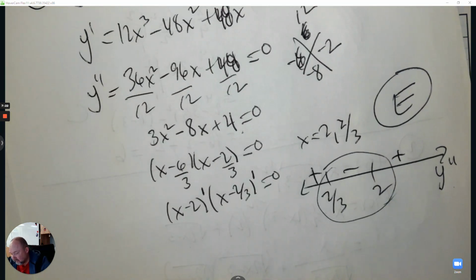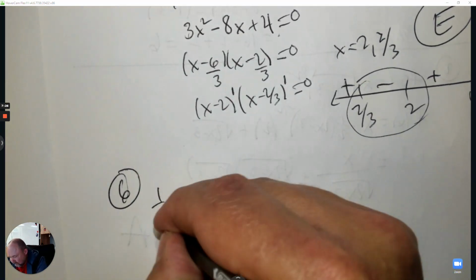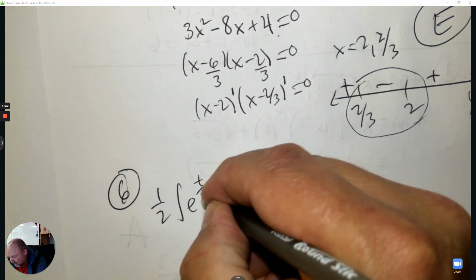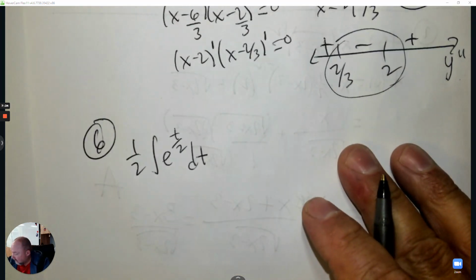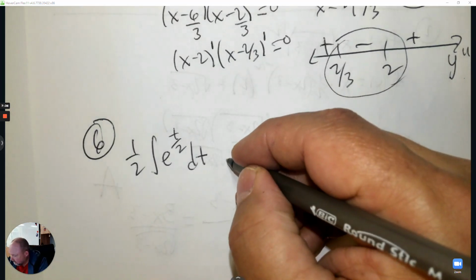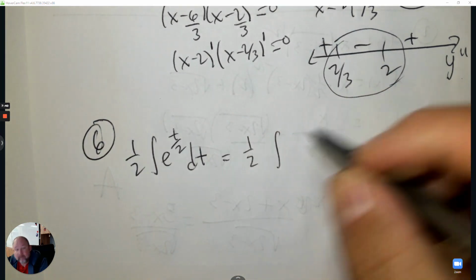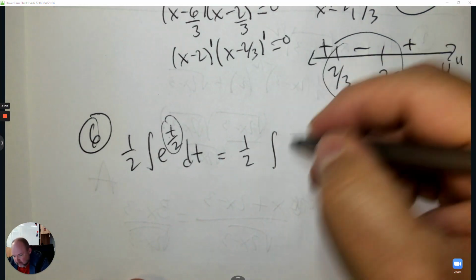All right, number 6. This is practicing everything. And that's the only way to do it. All right, integrate this. So what's the hook? The derivative of 1/2 t is 1/2.